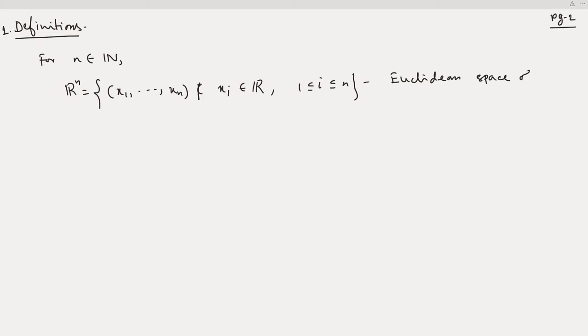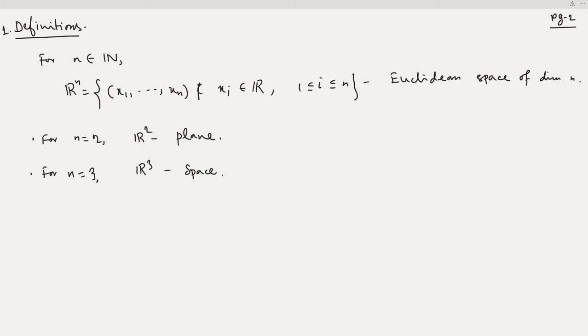In particular, for n equal to 2, R2 is called the Euclidean plane, or simply the plane. And for n equal to 3, R3 is Euclidean space of dimension 3.